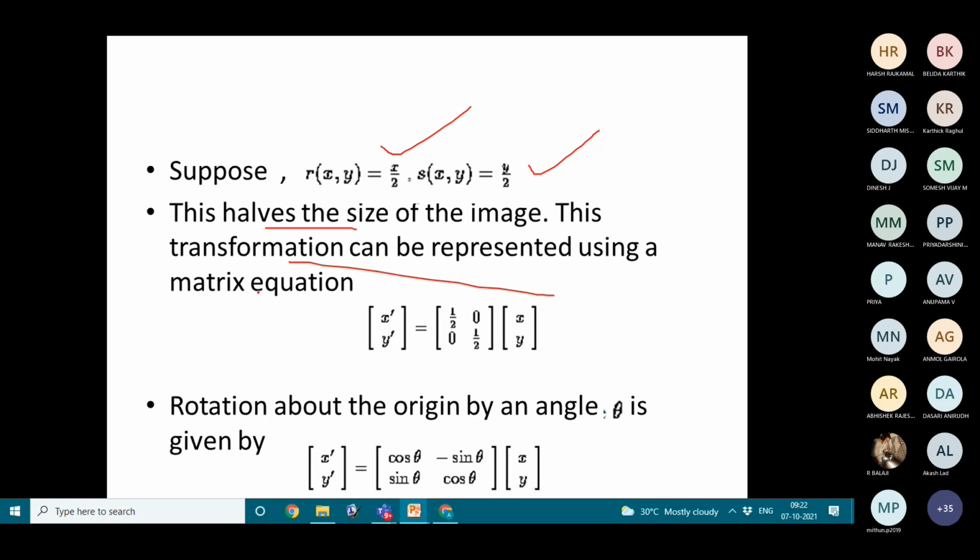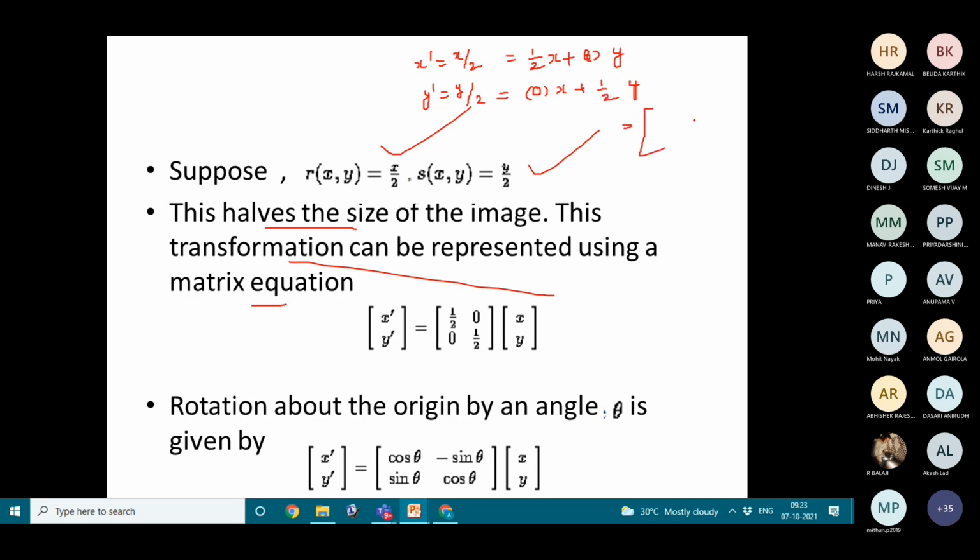We can represent this transformation as a matrix equation: [x' y'] equals [1/2 0; 0 1/2] times [x y]. So x prime is x by 2, y prime is y by 2. That is 1 by 2 x plus 0 into y, and 0 into x plus 1 by 2 y.